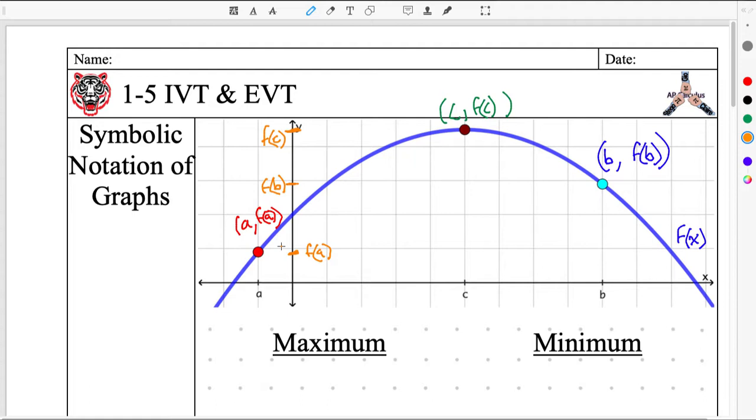So when we're talking about these theorems, we want to narrow it down to this window, some interval. Our interval is going to start from A, it's going to end at B. So generally speaking, this is going to be the left, and this is going to be the right. That is the interval that we're talking about. We don't care what happens over here at -infinity. We don't care what happens over here at positive infinity. We care about what happens in this window.